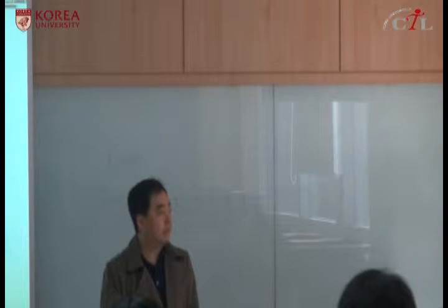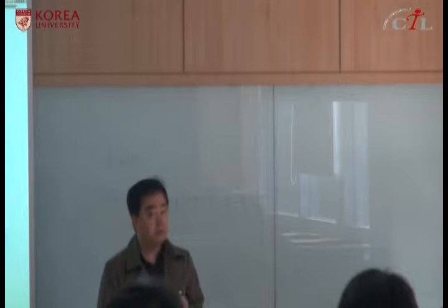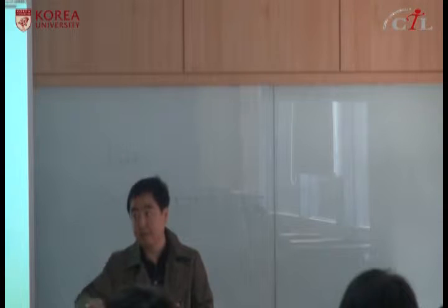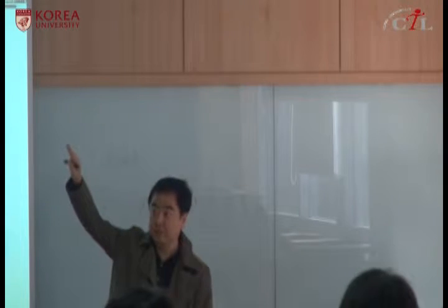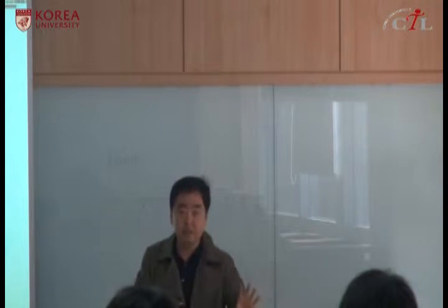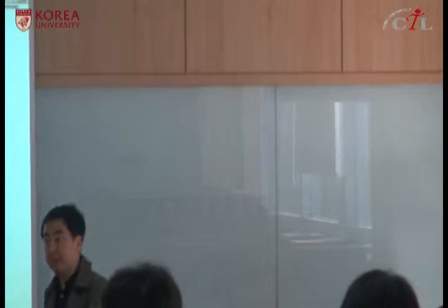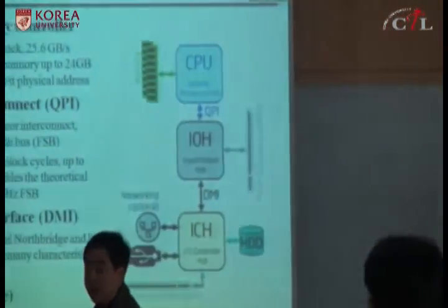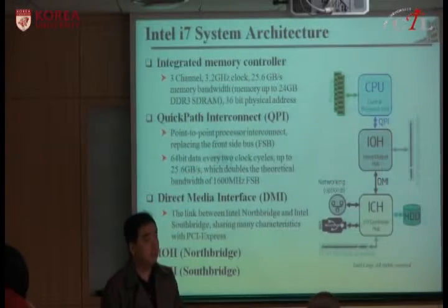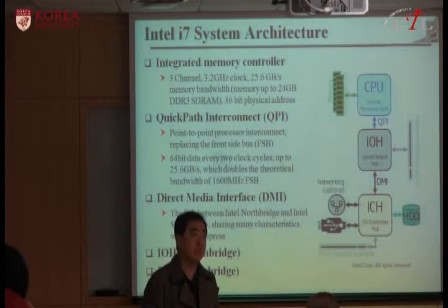Because of these bus transmission line characteristics, bus speed has increased only marginally compared to processor clock speed. In the 1980s, in the PC, the system bus clock speed and CPU clock speed were about the same. But nowadays, CPU clocks run at more than 3 GHz, but the system bus still runs at 200 MHz or something like that, very slow.